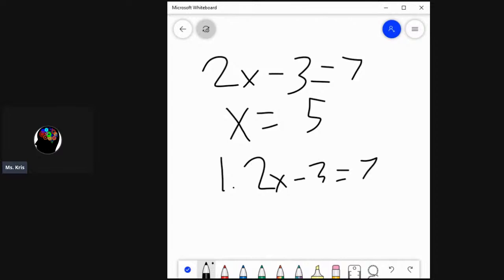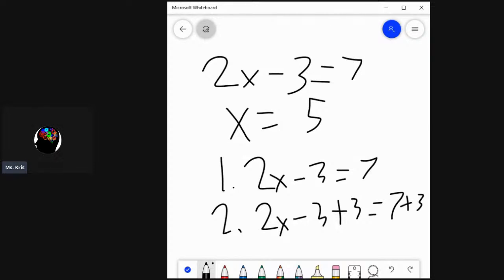Now you start solving your answer. To get 2x by itself, you know that is solving for x. So to get it by itself, I'm going to add 3 on both sides.